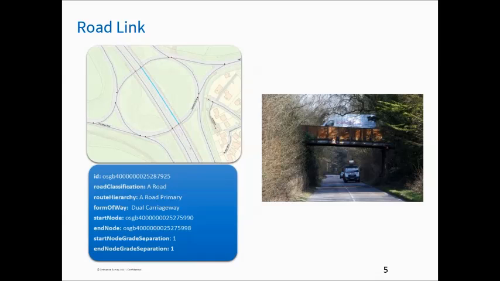We match the road link geometry to the National Street Gazetteer, and effectively the road link geometry is OS road geometry, so it's our own survey data, but we match that against the National Street Gazetteer to then get additional attribution. The geometry of the road link is a three-dimensional line, so you will have an actual height attribute with it as well.